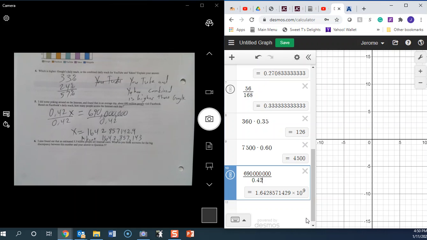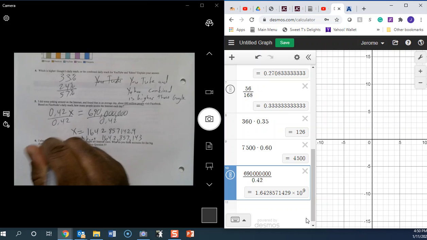Now we look here at number 6. I also found out that an estimated 3.3 billion people are internet users. What do you think accounts for the big discrepancy between this number and your answer to question 5? It's estimates.